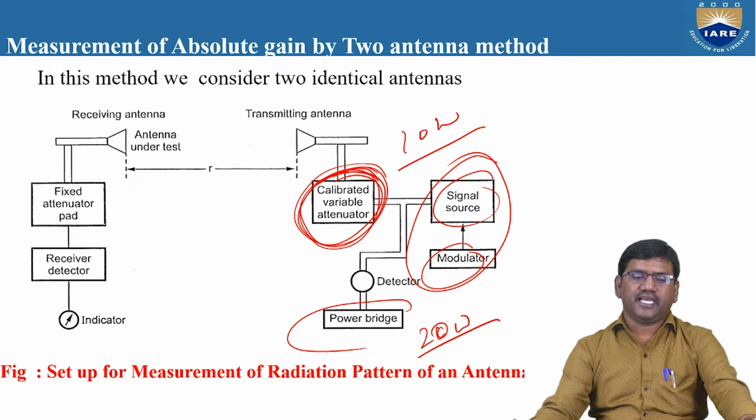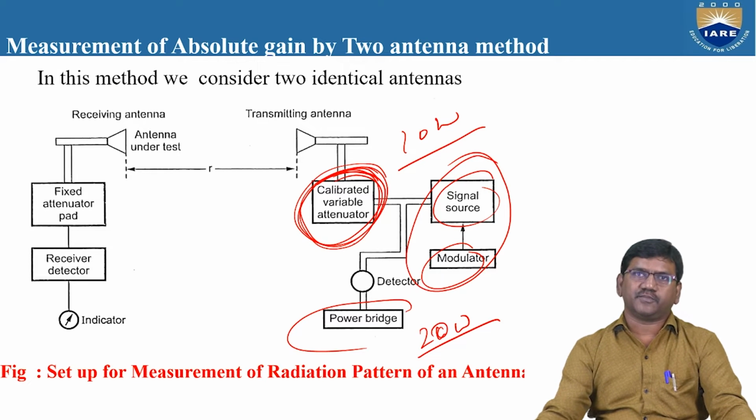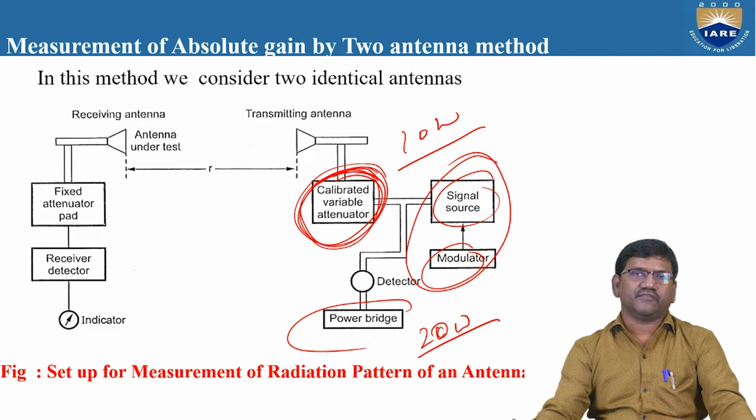Here the transmitting antenna is placed with respect to the receiving antenna, and we need to place the receiving antenna in such a way that the maximum amount of radiation is captured by the receiving antenna, that is the antenna under test.